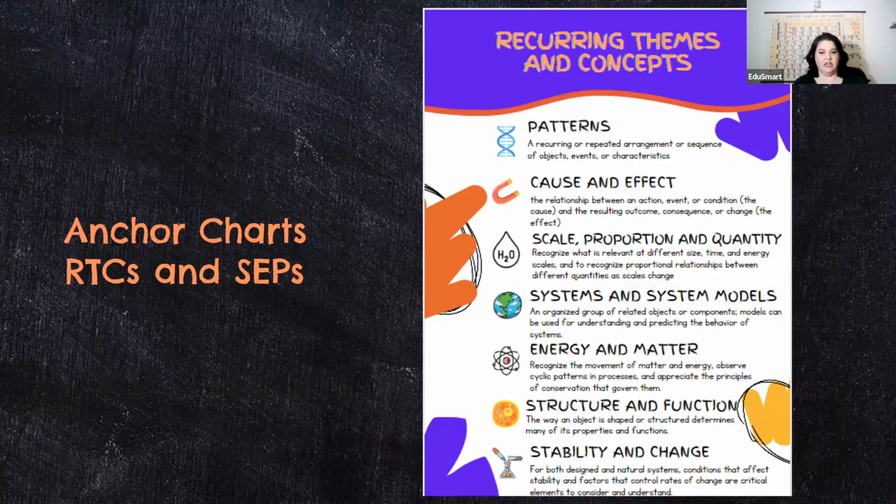Or putting a sticky note on there or whatever it takes to really help them see what lens we're using today. And we will have, like I said, anchor charts available. There will be a link to this particular anchor chart, and then we're going to be adding more as we go, and they will be available through EduSmart so that you can use your own if you want, or the ones we have will have actual question prompts.